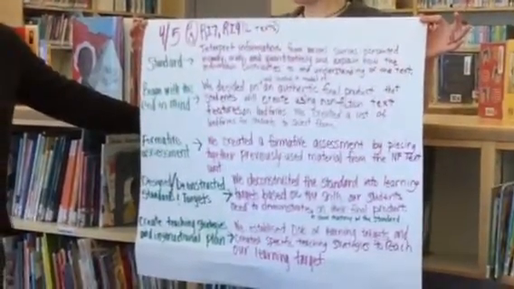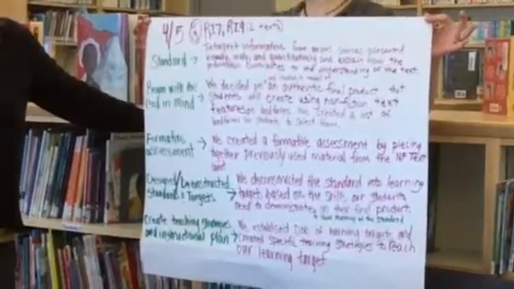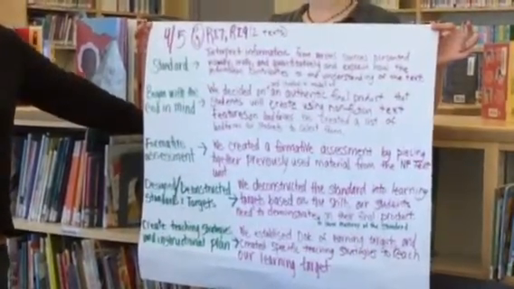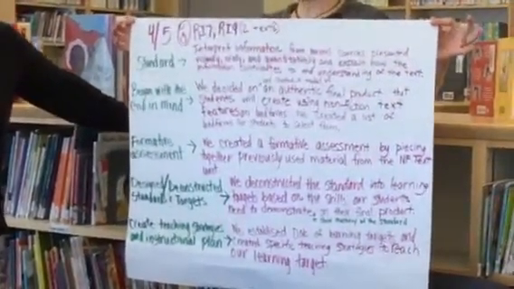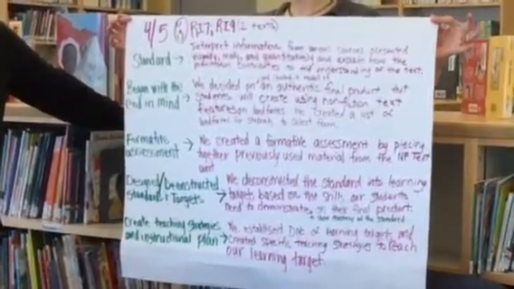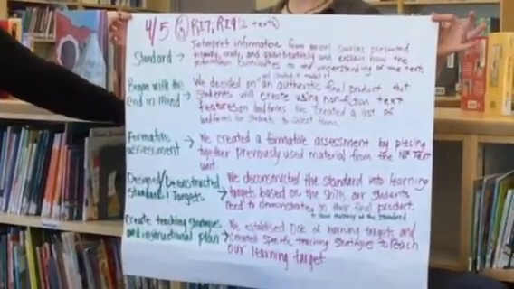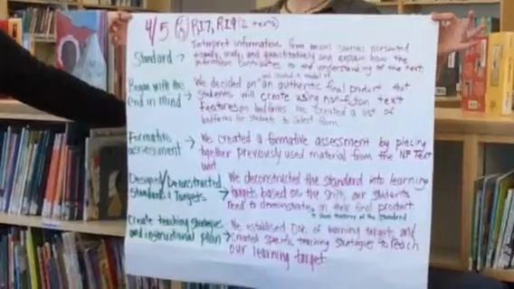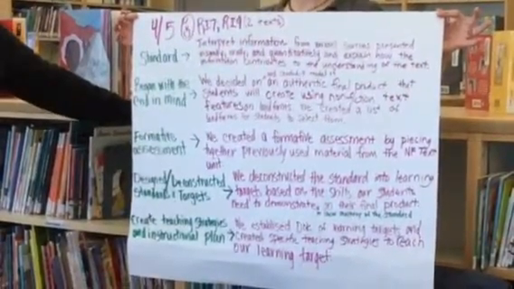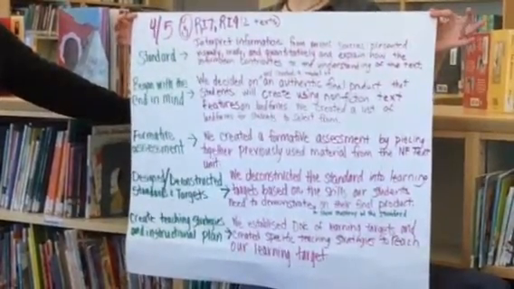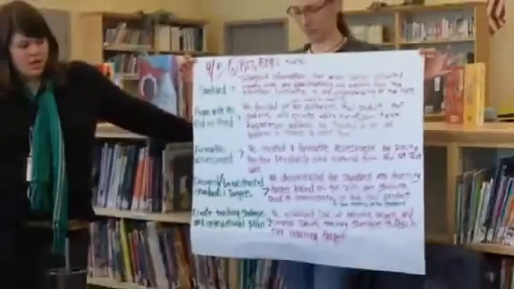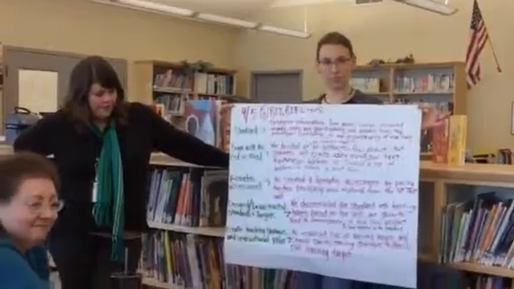Once we looked at the standard and figured out exactly what kids need to know and be able to do to reach that standard, we began with the end in mind. We decided on a product that students will be creating that would include several nonfiction text features while also focusing on our science standard, which we're looking at right now as landforms.